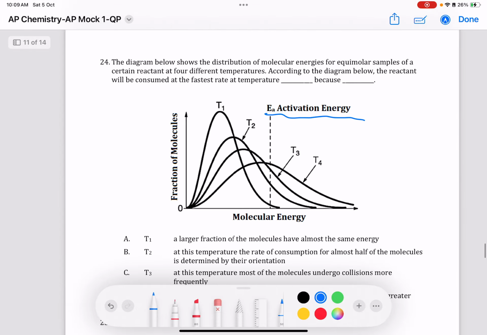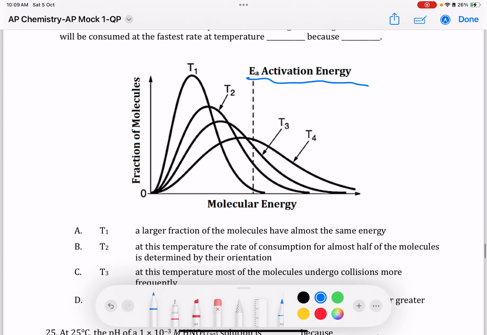Okay, let's understand the graph. This is the Maxwell-Boltzmann graph, I think this is how we call it. So what's happening here is that as the molecular energy is increases, the majority of the sample has less energy, then the majority has a bit higher energy.